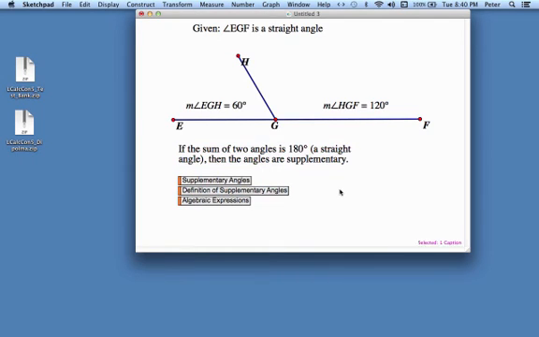If the sum of two angles is 180 degrees, or a straight angle, then the angles are supplementary. Once again, no matter how I move ray GH, it still forms two angles whose sum is 180 degrees, and that's what makes them supplementary.